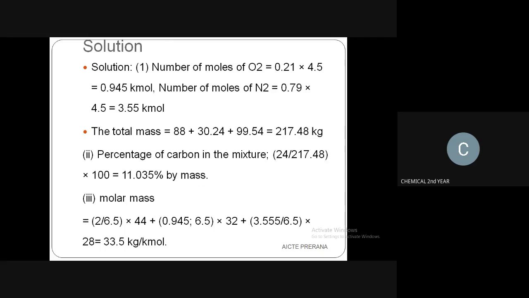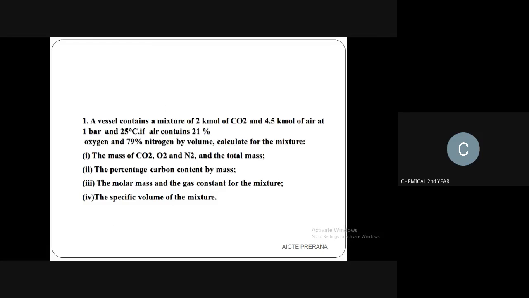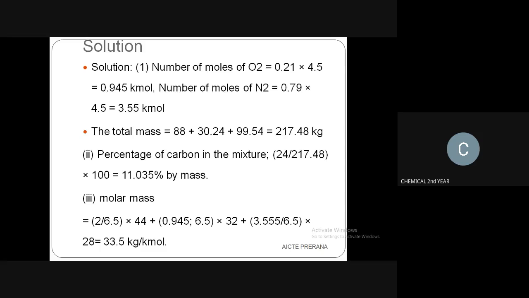Next, the number of moles for nitrogen. For nitrogen, they have given 79%. They have also mentioned carbon dioxide, and for that also we find the mole fraction. For CO2, O2, and N2, all of these we have to convert to moles.